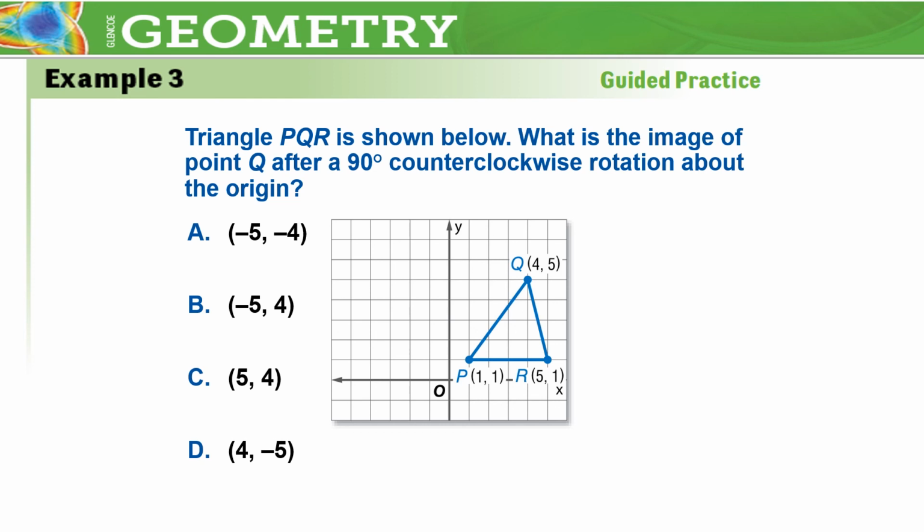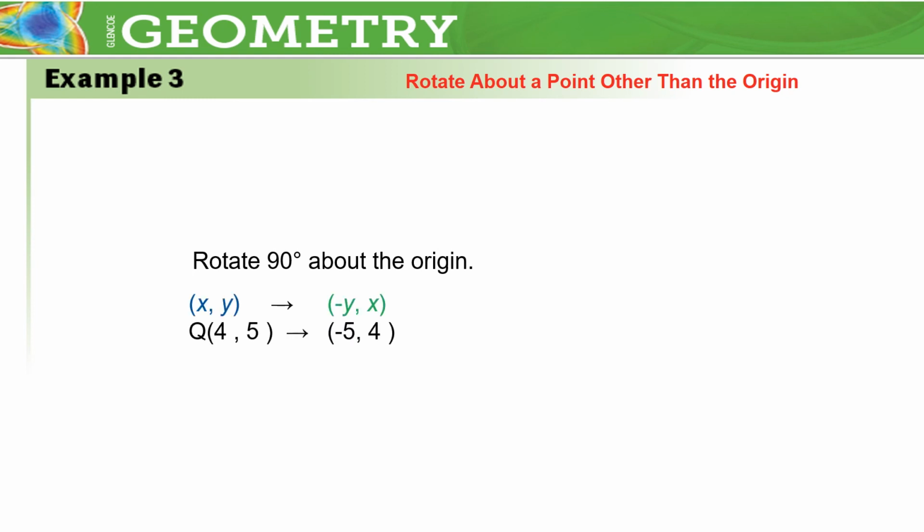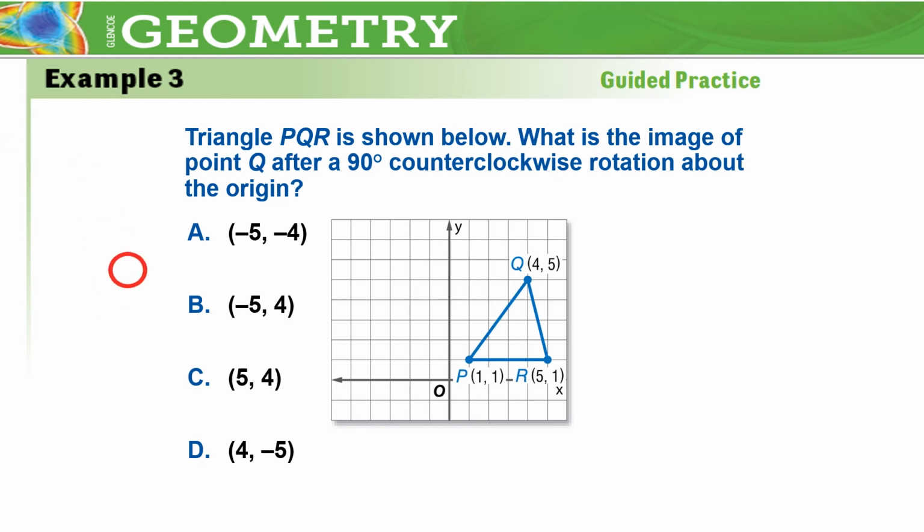What's your key? Rotate 90 degrees about the origin. Your key is x, y will be negative y, x. So 4, 5 will be first, 5 times negative 1 will be negative 5. Then interchange will be negative 5, 4. Then your answer is letter B.